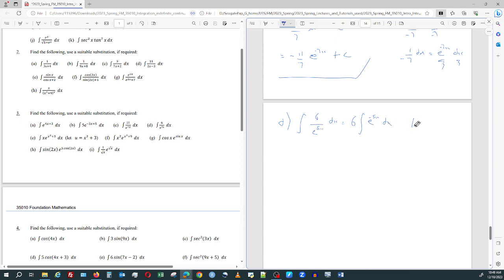Okay, so we'll let, I like these because they're chain rules, u equal minus 5x. We got there eventually in the previous one, didn't we?